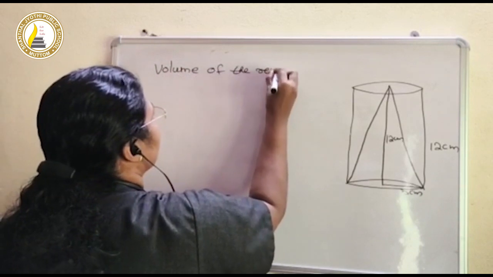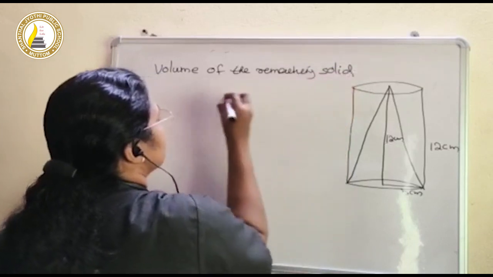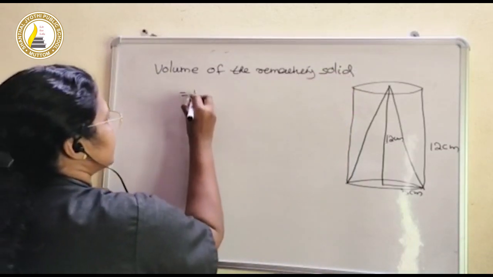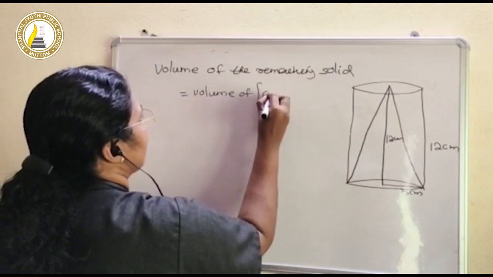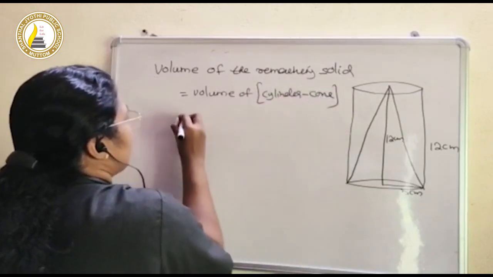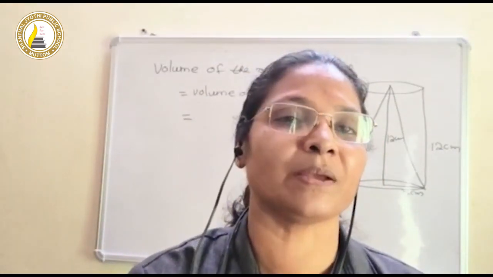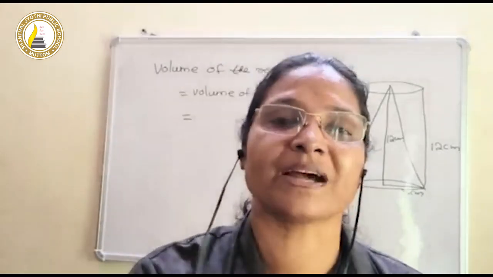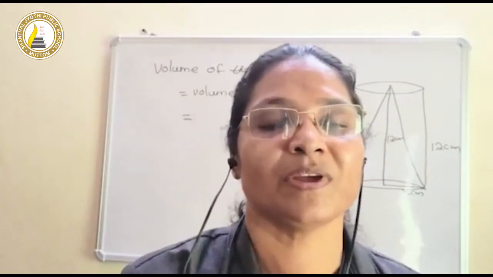Volume of the remaining solid is equal to simply subtracting: volume of cylinder minus volume of cone. Why are we subtracting? Here we are removing a cone from the cylinder. If you take out that cone from the cylinder, its volume will be reduced.